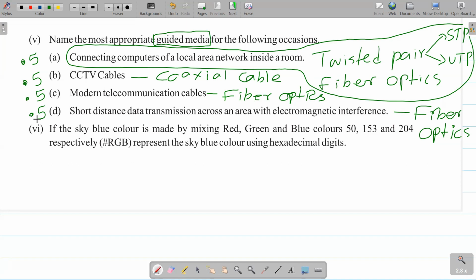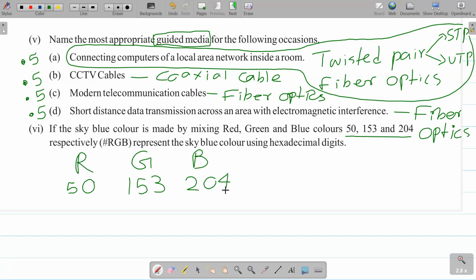And the sixth is asking: if the sky blue color is made by mixing red, green, and blue colors, 50, 153, and 204 respectively, represent the sky blue color using hexadecimal digits. Now, these are decimal values. For red they have taken 50, for green 153, for blue 204.